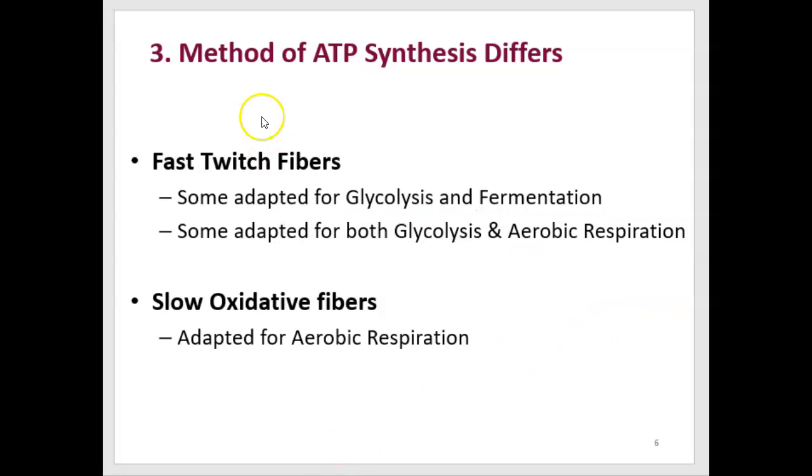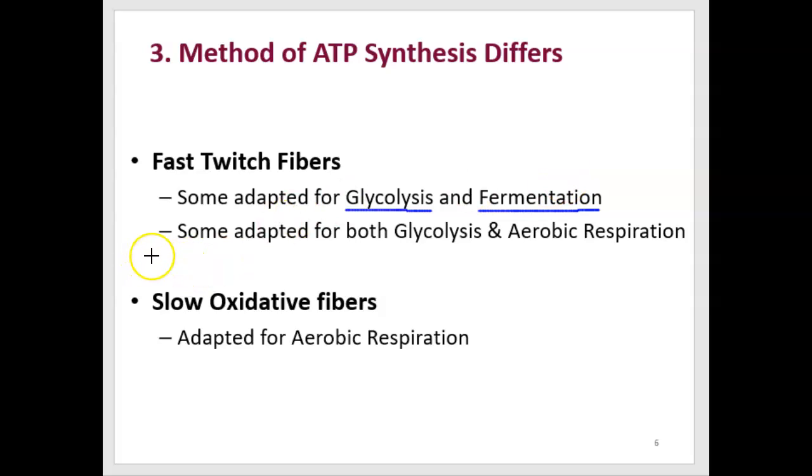So what we see is that fast twitch fibers are generally adapted for glycolysis, which generates ATP quickly, and then lactic acid might be formed from pyruvate, and so there'd be fermentation as well.